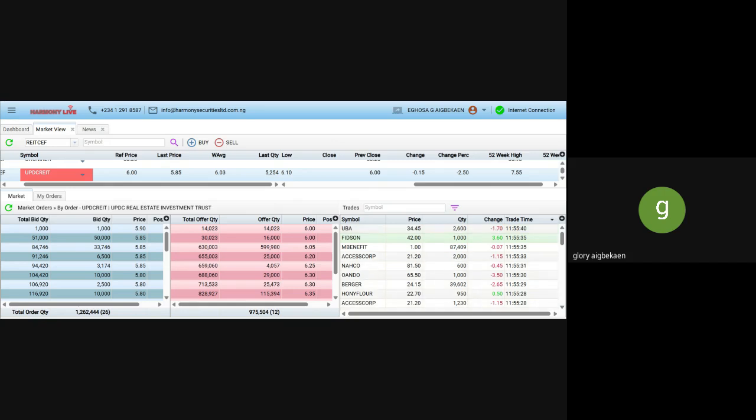Fixing is selling at 42 naira now. Guys, you know that this Fixing, somewhere last year, was selling for less than 12 naira.